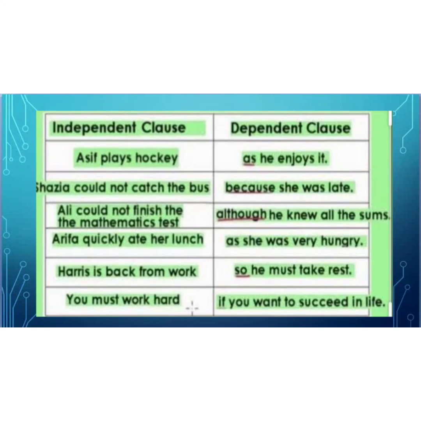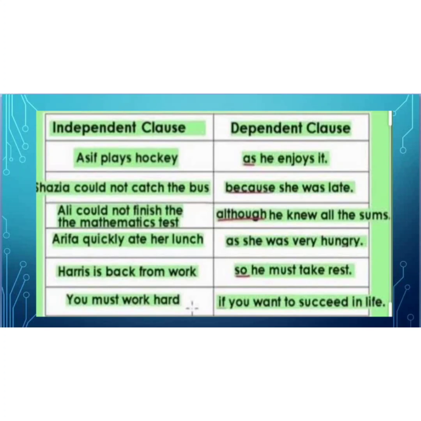However, if I'm joining another sentence in the form of a dependent clause, I will put first of all although, so, after, before, and many other joining words. So: Asif plays hockey as he enjoys it. "As he enjoys it," if I separate this, does not give us a complete thought, a complete message.